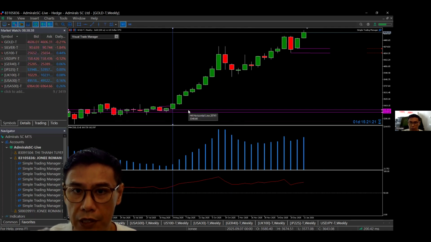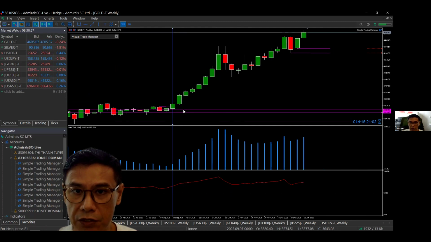Once this weekly candle closes, you now have the chance to move your stop loss to break even or below the low of this entry.